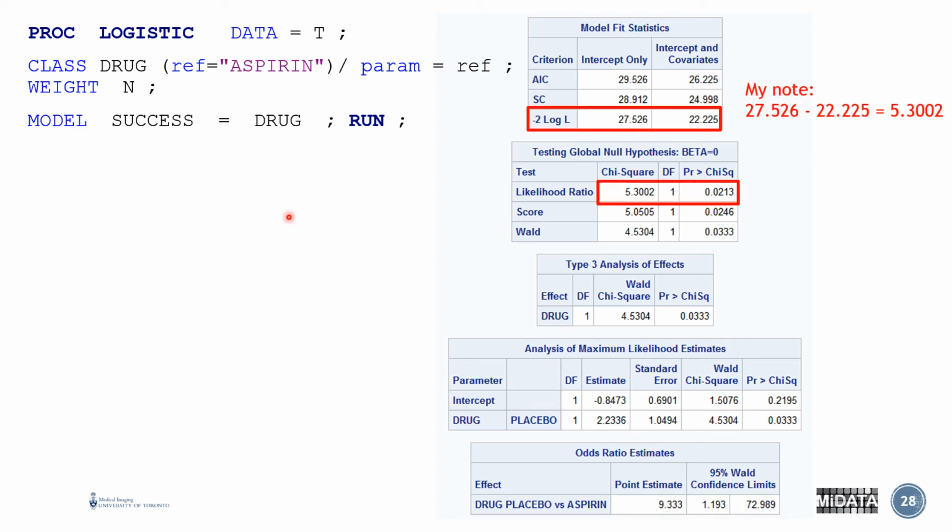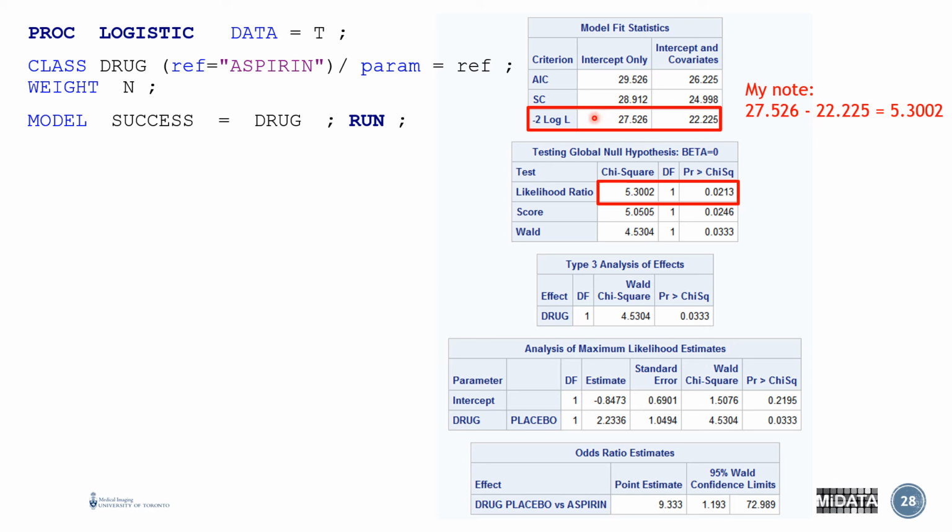Let's take a moment to review the outcome from Proc Logistic. A few slides ago, we were talking about the log likelihood ratio and how you calculate it. In model fit statistics, SAS calculates the -2 log likelihoods for you. In this case, the ratio is similar, but a little different.